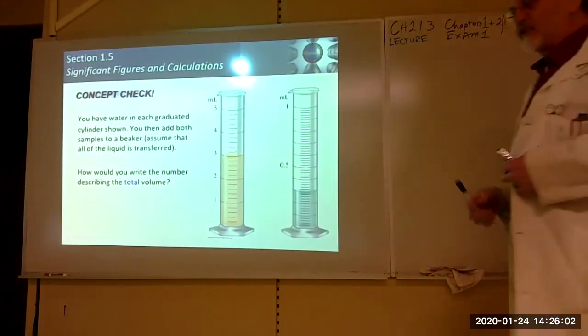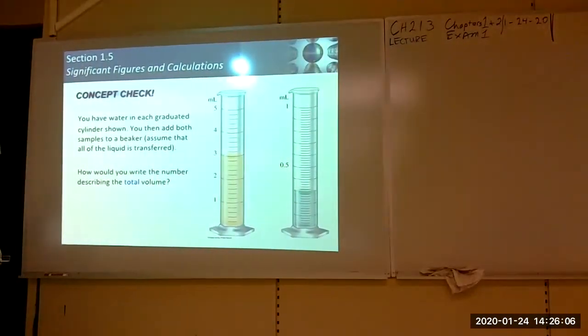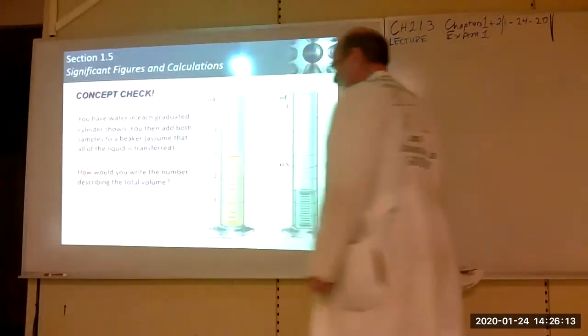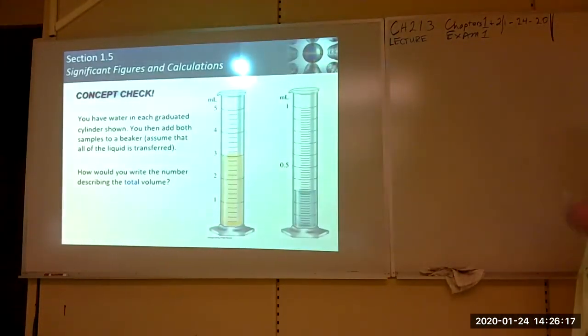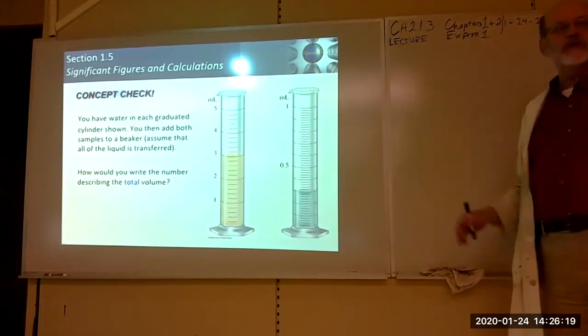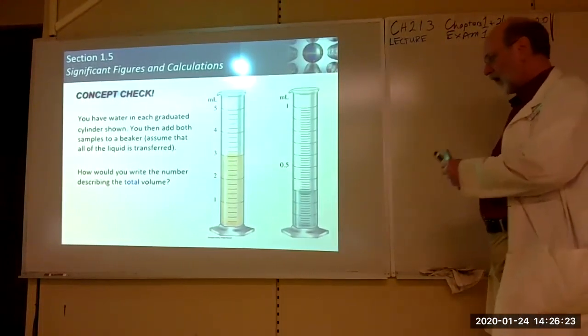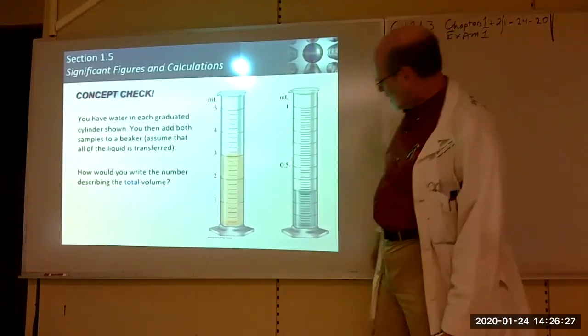So, practical application. You're in the lab. You need to measure out a solution. This is not the best example, but let's just assume for the time being that you need to use 2 different graduated cylinders. And you want to measure out, let's see, what is this one?